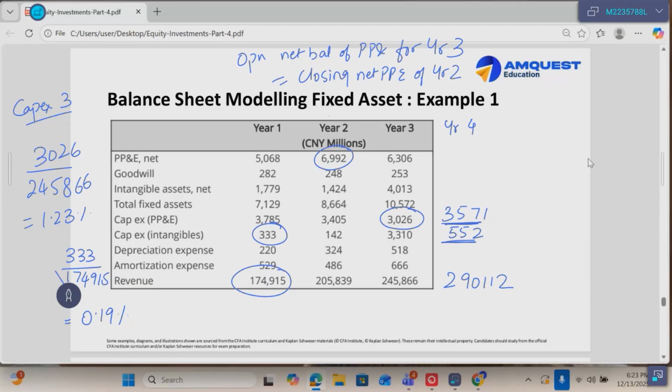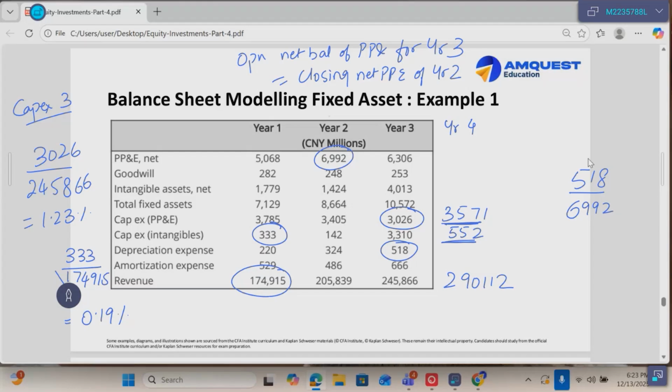Okay, so my denominator is 6992. The depreciation that I have charged in my year 3 is 518. We need to take a ratio 518 divided by 6692. Let me read the condition again. Yeah. So depreciation at year 3 relative to the opening net asset balance.